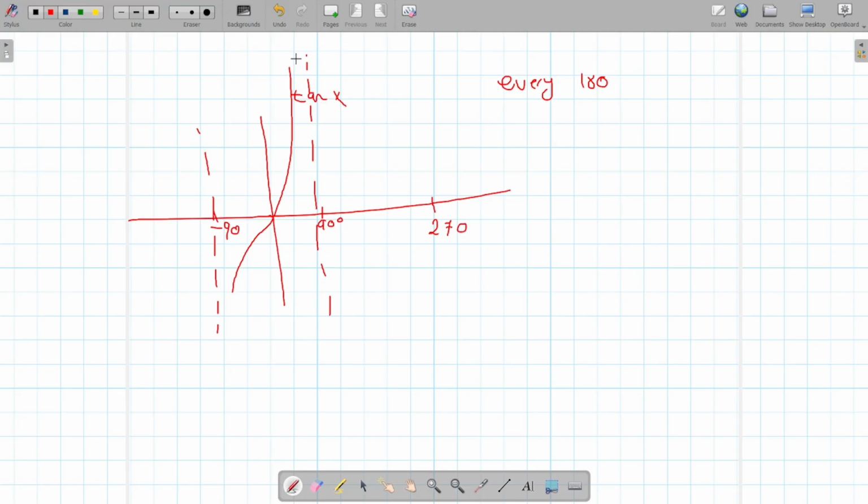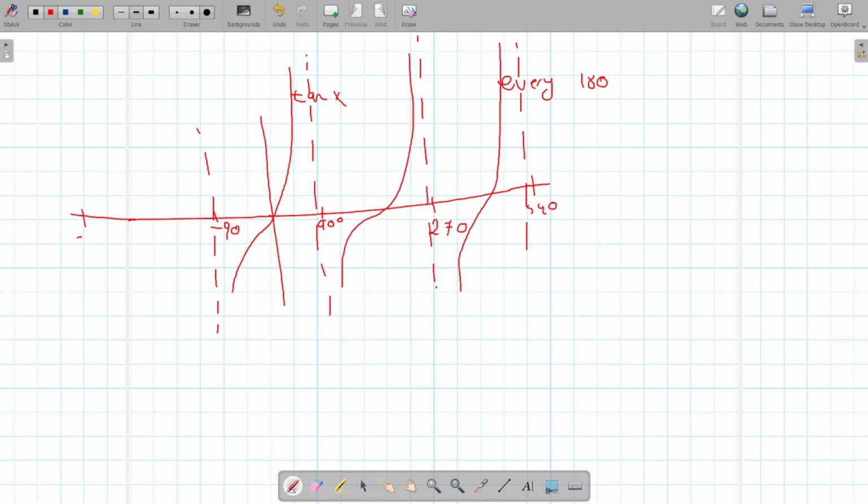Since it doesn't cross 90 degrees, it just starts again from down like this. It goes like this. It doesn't cross 270. Then after 270, another 180 would be 540. I'm just showing you so you can understand. This is how the tan function looks. It doesn't cross these asymptotes. And if you go back to negative 270, same story applies. It goes like this.